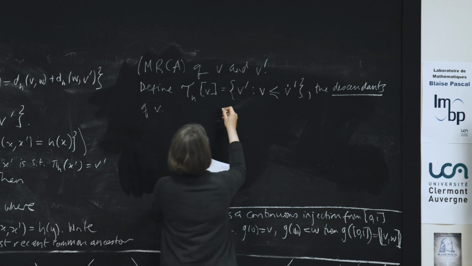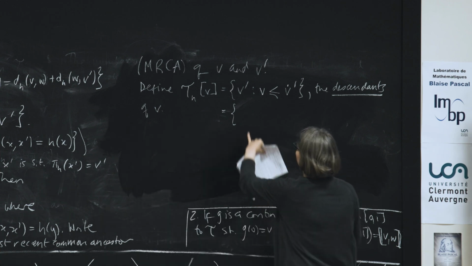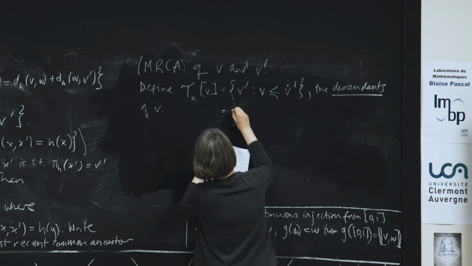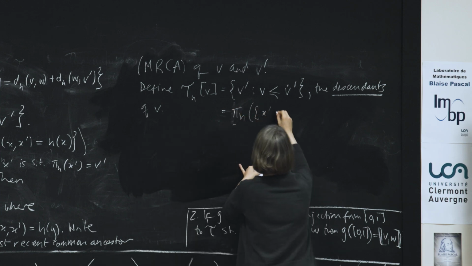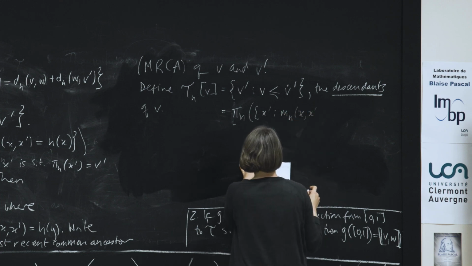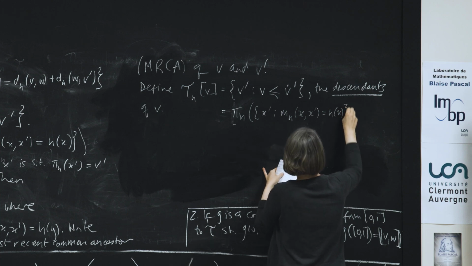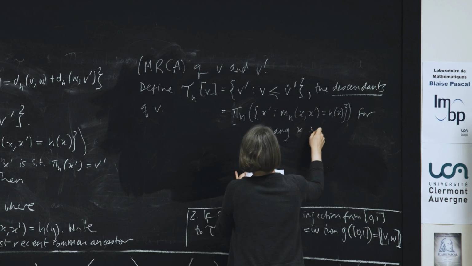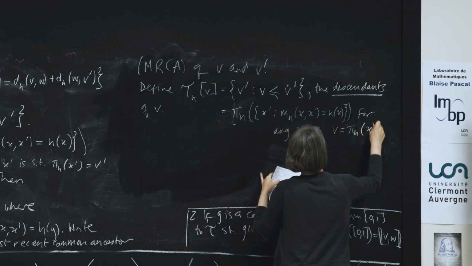So let's think about this in terms of what gets projected onto this. This is the projection of the set of points x primed such that the minimum between x and x primed is given by x, for any x such that v is the image of x.